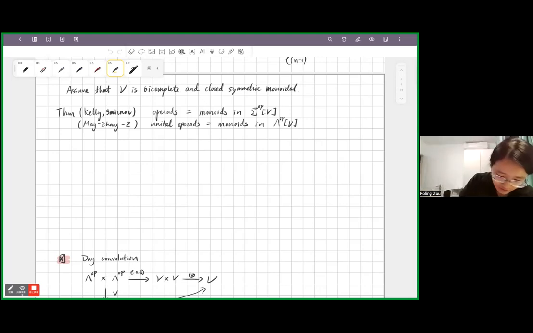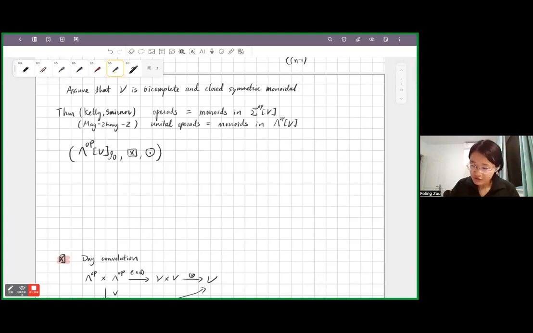Okay, so here I'm working with lambda op V. Actually, it's a unitary lambda sequence, so I need to have a map from I to the 0th space. And then I'm going to have two kinds of monoidal structure on this category. The first one is Day convolution. It is symmetric monoidal, also closed symmetric monoidal.